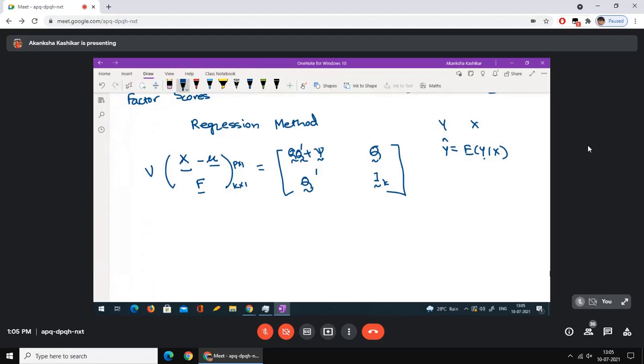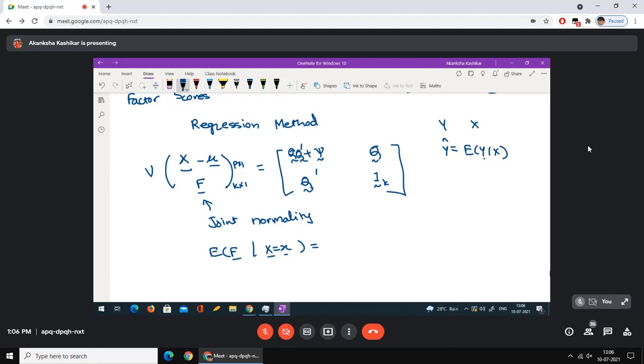And if I assume joint normality, if I assume that this is a p plus k dimensional multivariate normal distribution, then I can find the conditional expectation of f given the observed data, again using theory from multivariate normal.